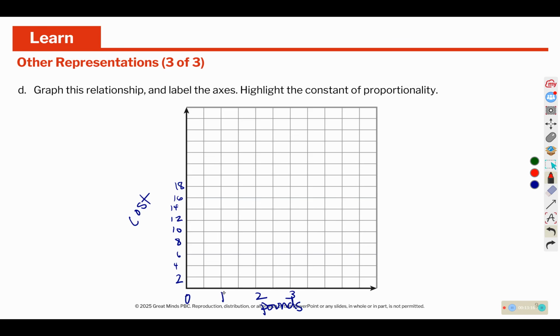So 1 pound was $8.75. 2 pounds was $17.50. 0.6 pounds was $5.25.